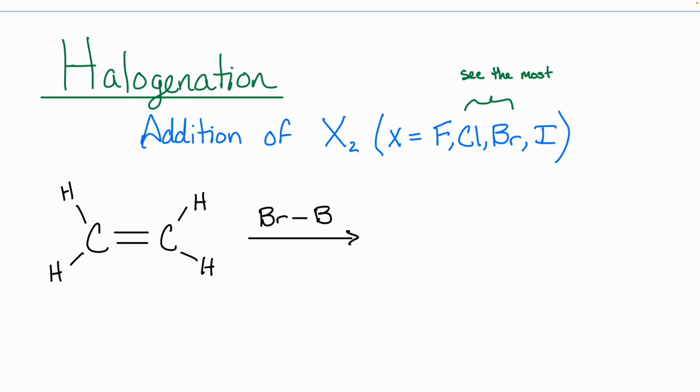I'm going to use bromine as an example, but again, you could substitute in any halogen. And these ones will not have any sort of catalyst. Just throw bromine in there, it'll react plenty fast.